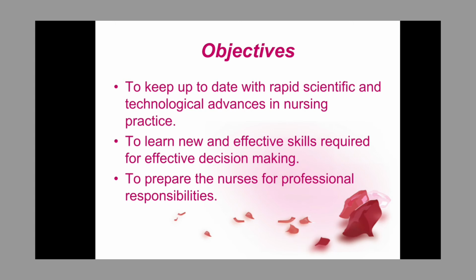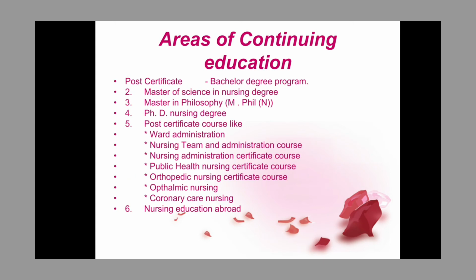Okay, for effective decision making, we need to have this new learning. Then to prepare the nurses for professional responsibilities. If they are undergoing the in-service education, they have that feeling that they are already gaining something new. Then we can see the areas of continuing education.